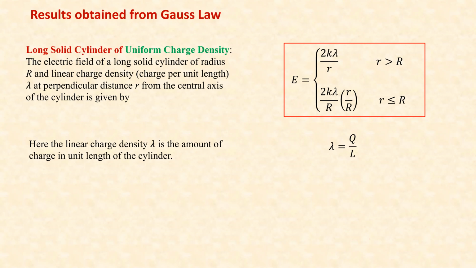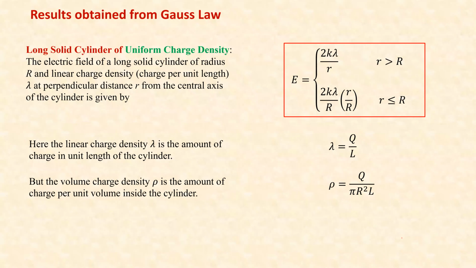In this case, lambda is Q over L, the total charge of the length L of the cylinder divided by the length L, and the volume charge density becomes Q divided by pi R squared L, the charge divided by volume.